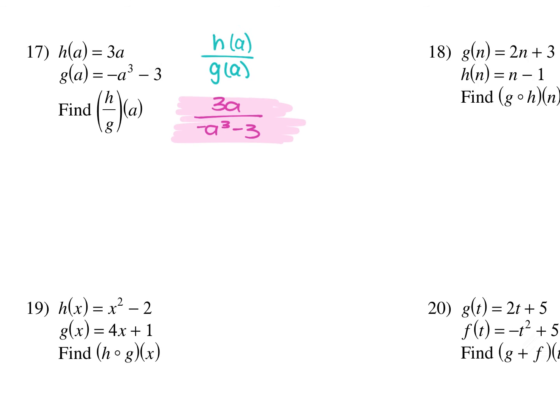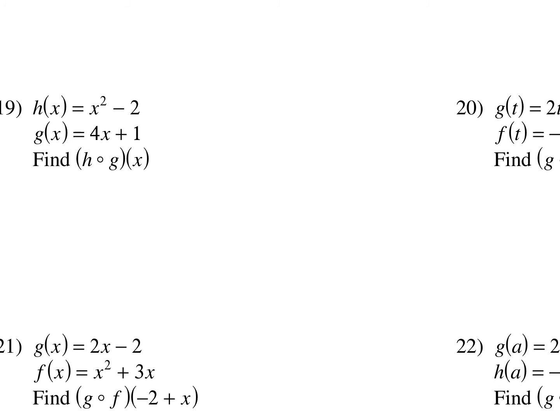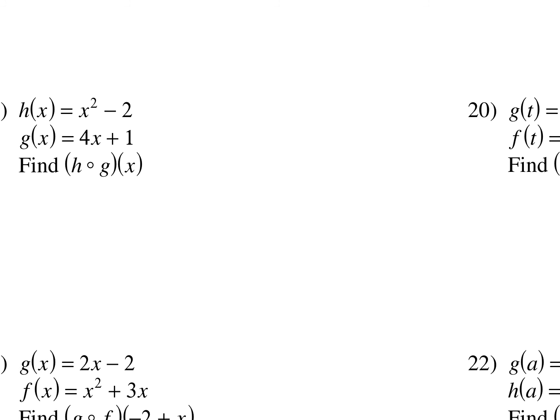For 19, you have h of x is equal to x squared minus 2, and g of x is equal to 4x plus 1. You're finding h of g of x, where that little tiny circle means "of", which means you're doing h of g of x.